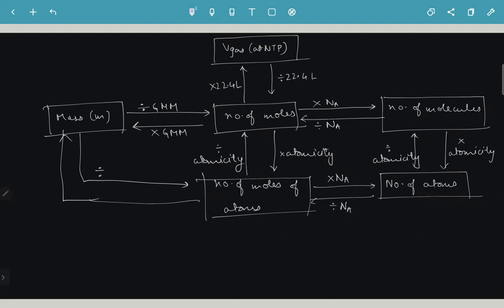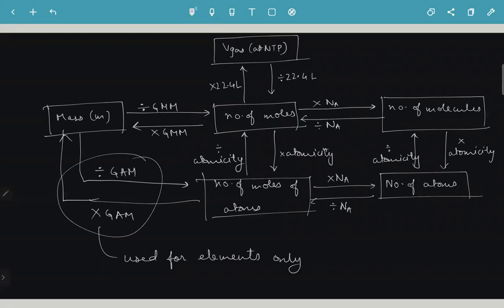Mass divided by gram atomic mass will be number of moles of atoms, and number of moles of atoms into gram atomic mass will be mass. This relation can be used for elements only. बाकी पूरा relation compounds और elements दोनों के लिए valid है. But this atomic mass relation is valid only for elements.